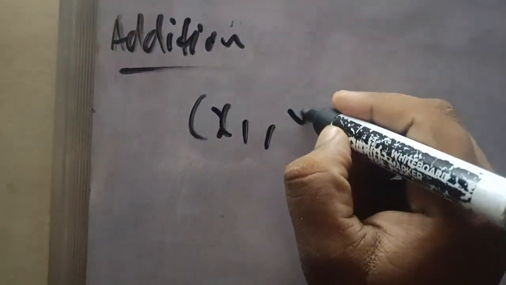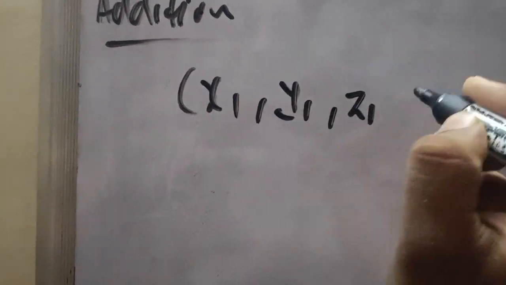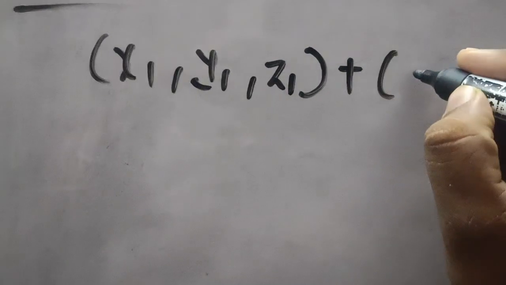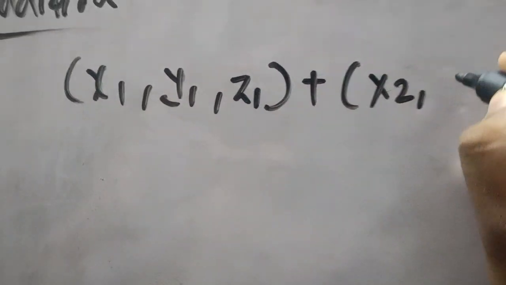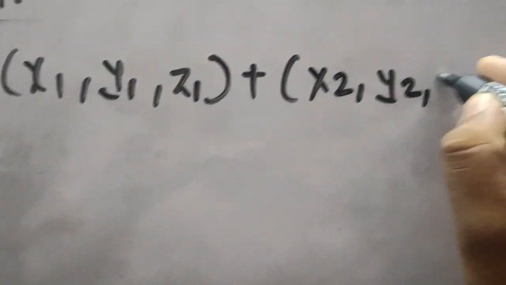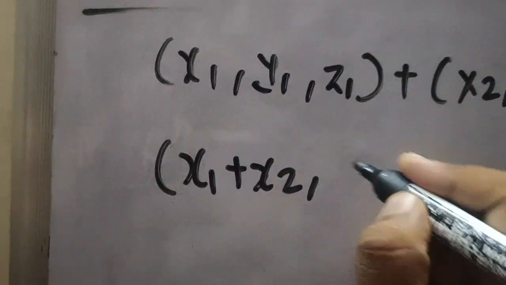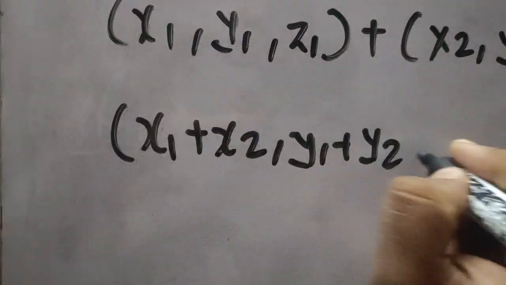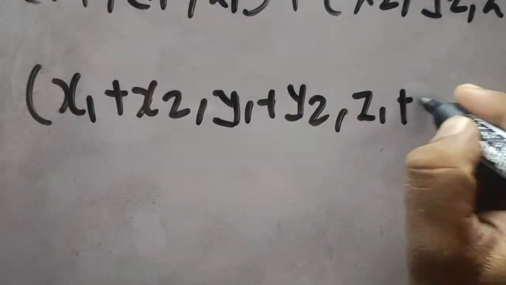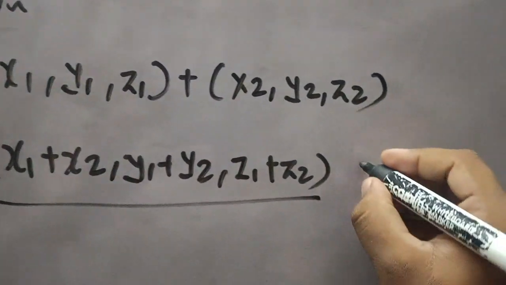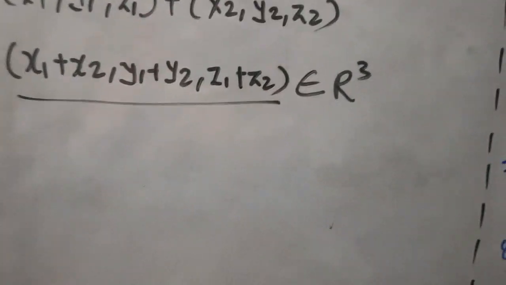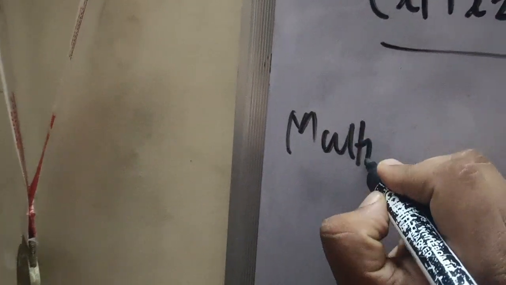So let's take two elements, that is x1, y1, z1, and add it with x2, y2 and z2. What we'll get is x1 plus x2, y1 plus y2, z1 plus z2. Now if you look carefully, this still belongs to R cube. So addition is satisfied. Now let's talk about multiplication.